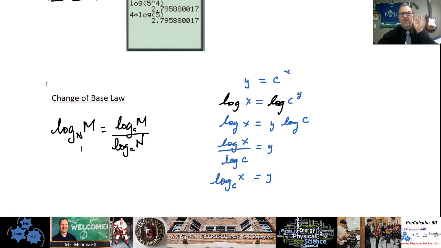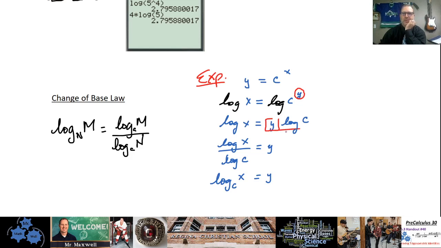So this is the final piece in really taking a good hard look at this. Again, here's exponential form: y equals some constant to the power of x. When you take the inverse of that, you flip x and y around. Inverse means reverse. Then you can take the log of both sides. What does that do? I can use this power rule to bring y down as a multiplier.